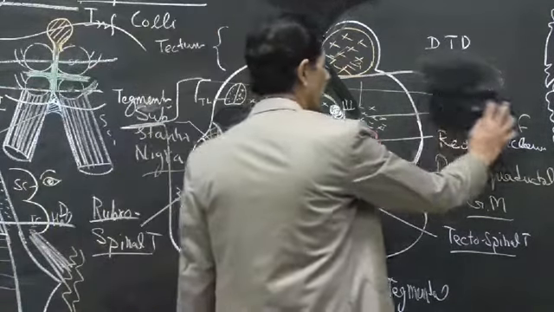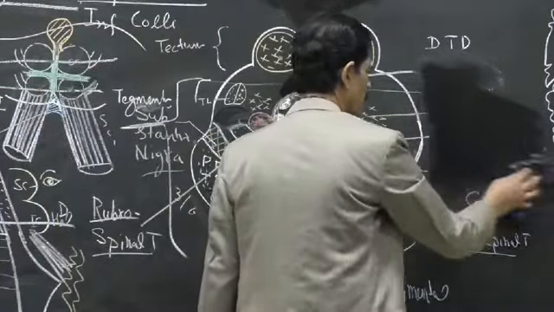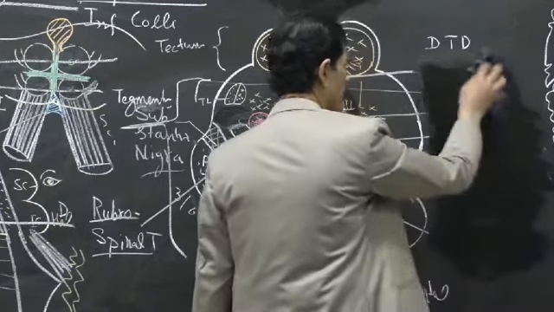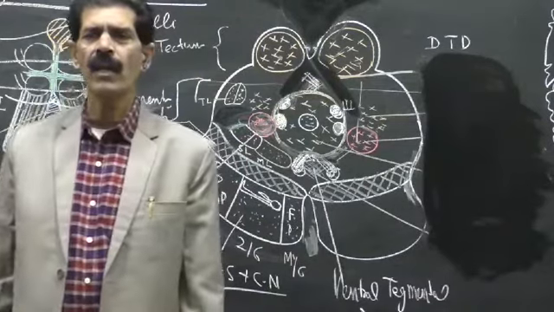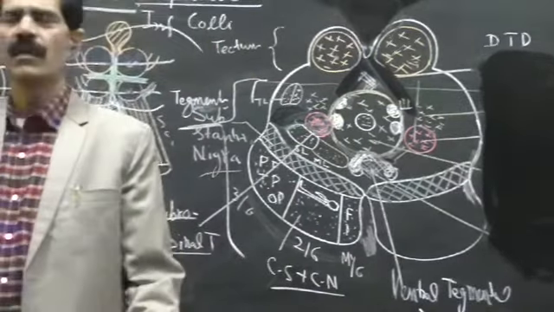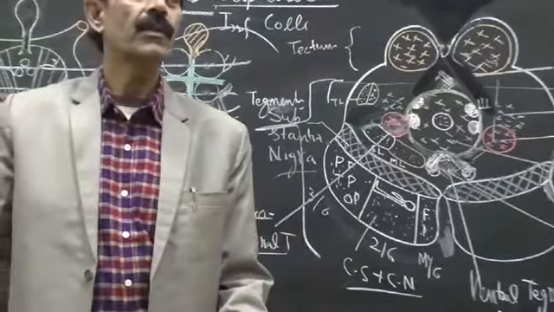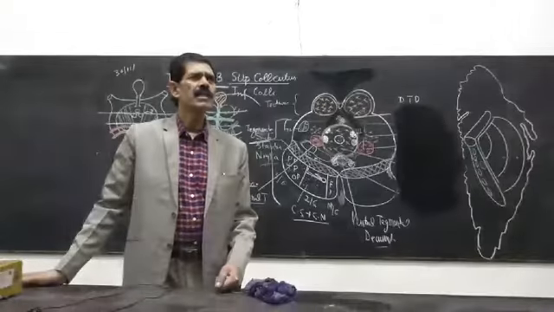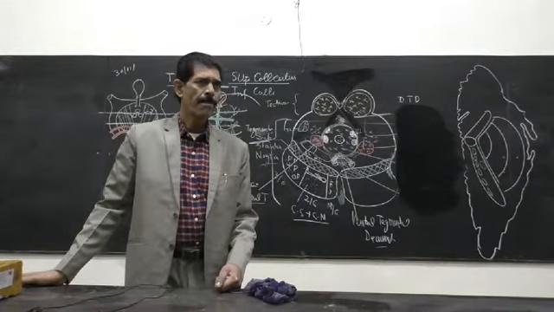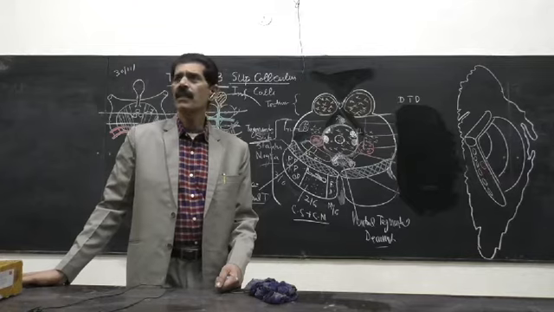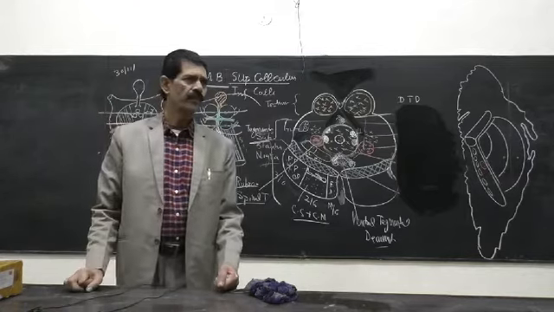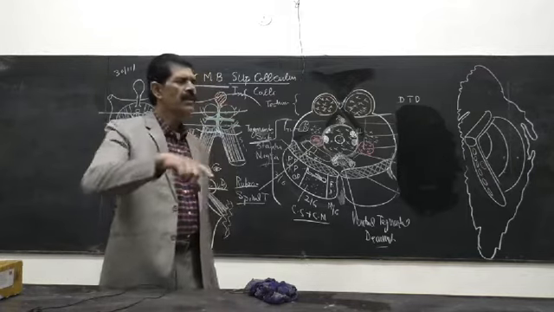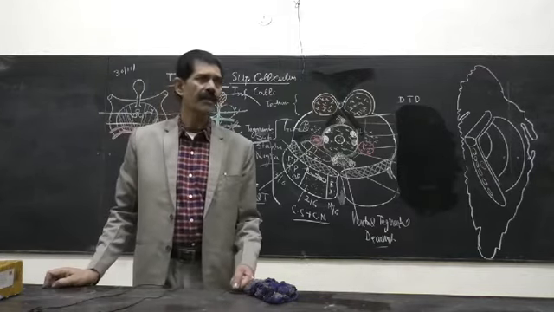If you remember, the Edinger-Westphal nucleus is a parasympathetic nucleus, responsible for the pupillary reflex, and it supplies the sphincter pupillae. It will constrict the pupil because it supplies the circular muscles of the iris.